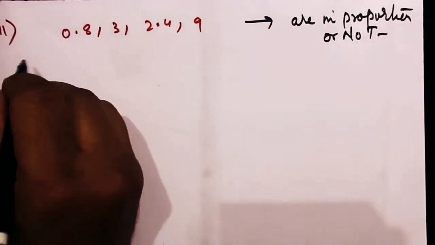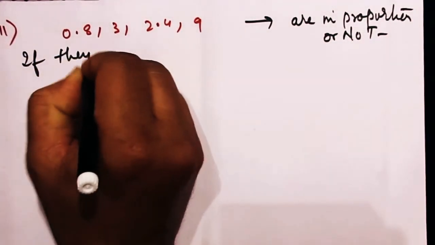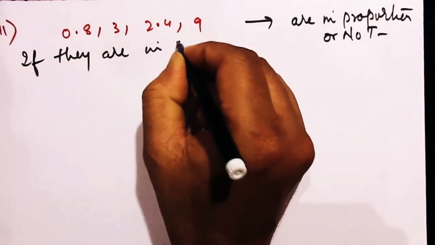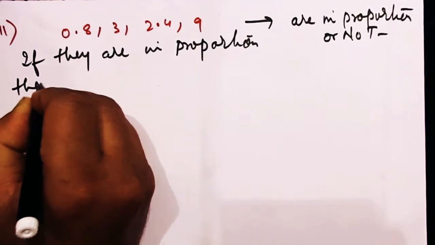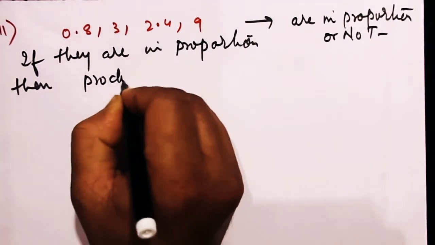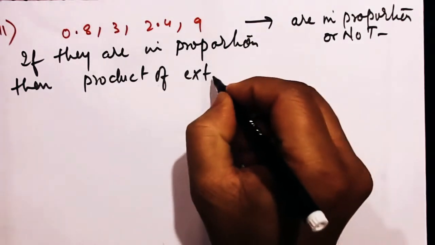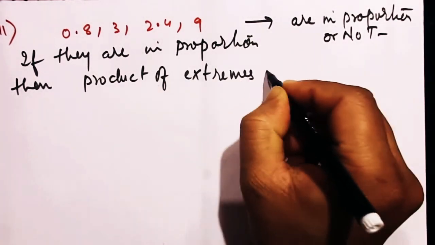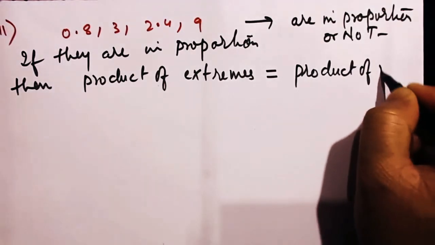Therefore, as I said, you need to write that if they are in proportion, then the product of extremes, this time I am going to write extremes first, should be equal to product of means.